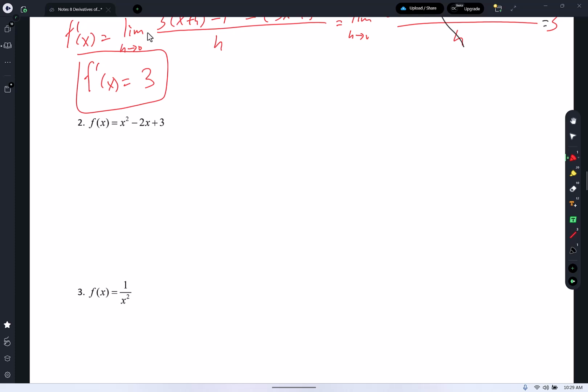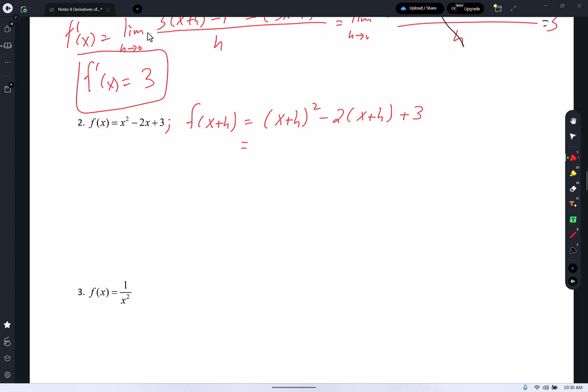This one's going to be a little lengthy. I need f of x plus h for number 2. So parenthesis, x plus h, close it, put a square on it, minus 2, parenthesis, x plus h, close it, plus 3. It's just a lot of algebra. That's why your algebra skills are so important. All I'm doing is FOILing, guys.